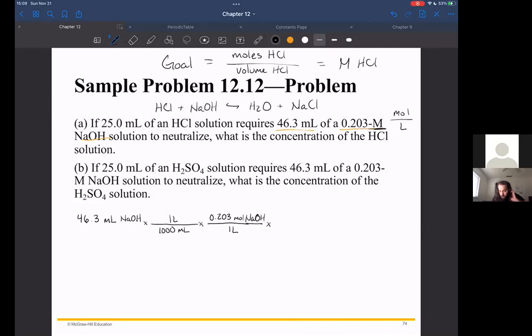And I'm trying to get to moles of hydrochloric acid. So then I'm going to use my balanced chemical equation, which tells me that 1 mole of NaOH is consumed along with 1 mole of HCl. Okay, so I punched that into my calculator and I would get 0.00939989.